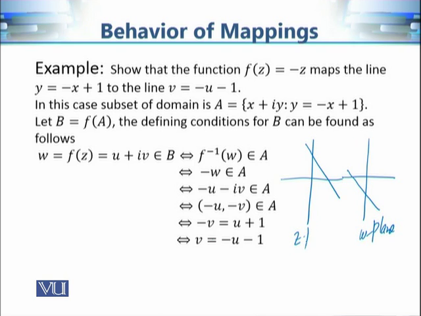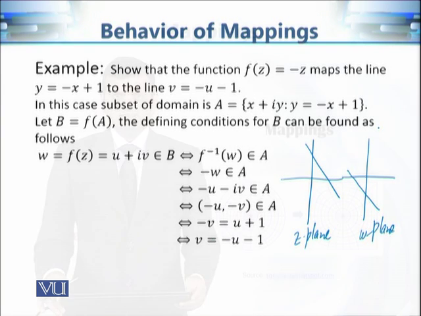This tells us something about some properties of this function, that it takes these lines and reflects them on this line. Similarly, if we change this set A, then we get other information about the behavior of this function f.